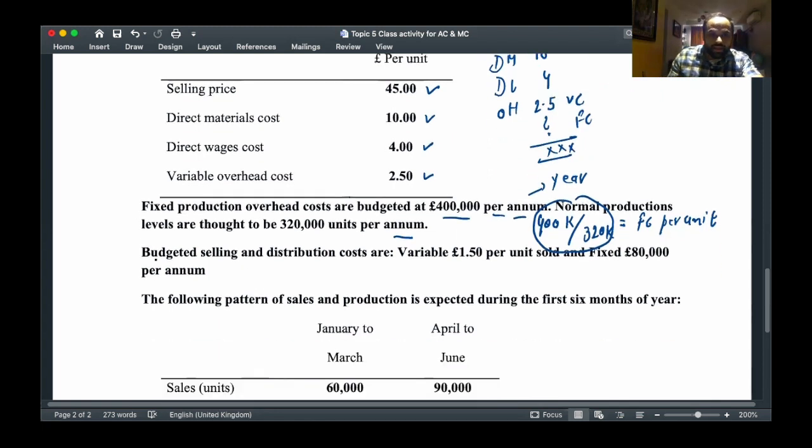Now, next is budgeted selling and distribution cost, which is variable. Selling and distribution cost means this is your non-manufacturing cost.